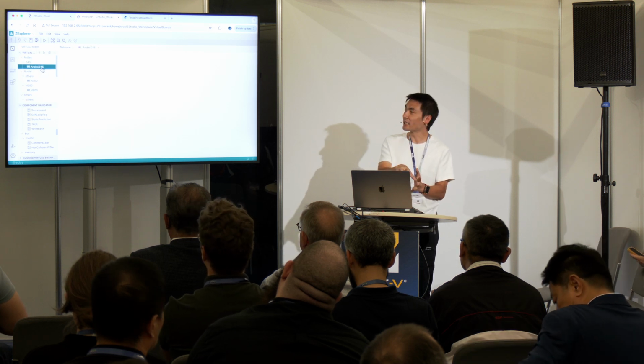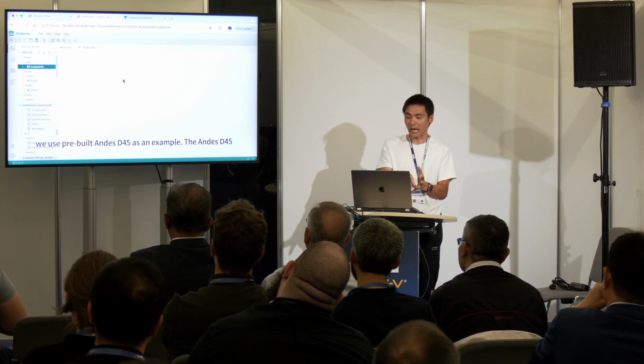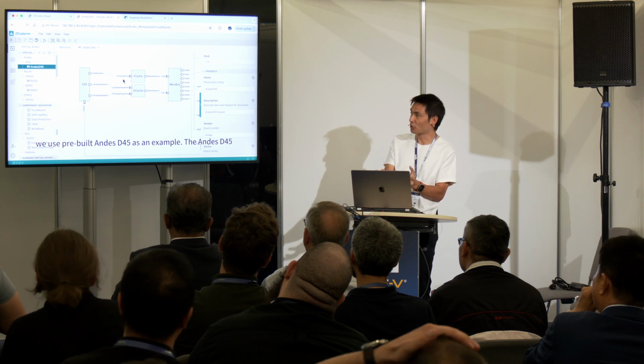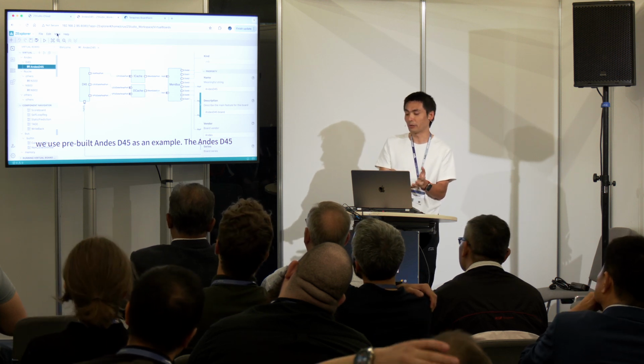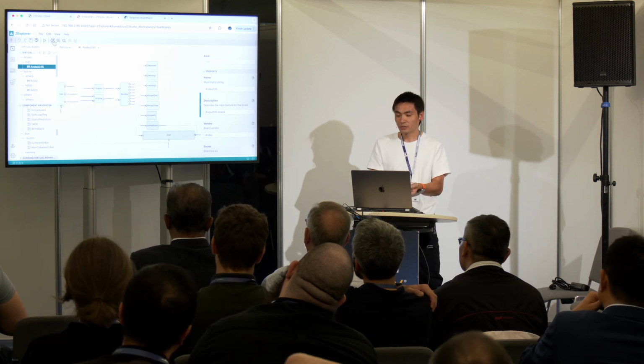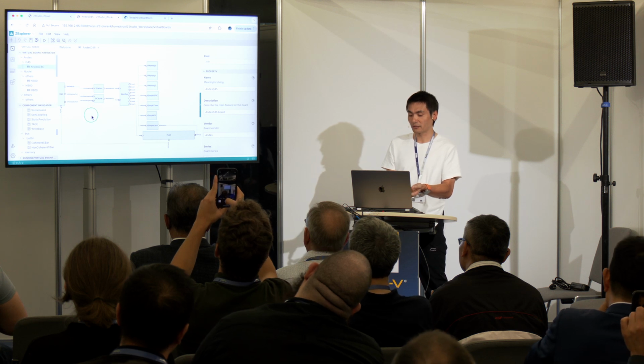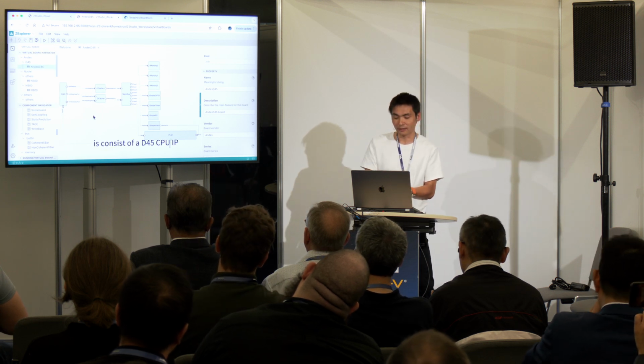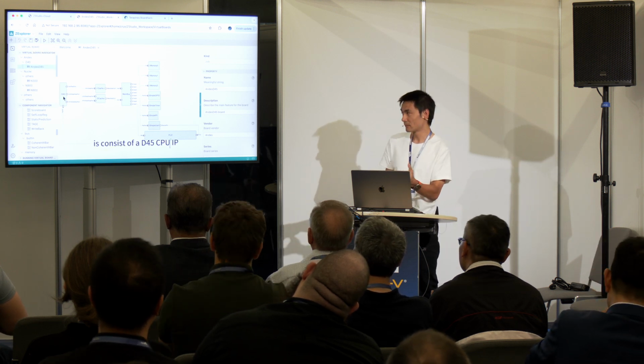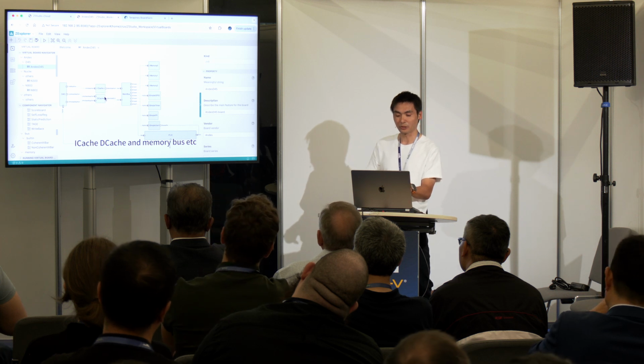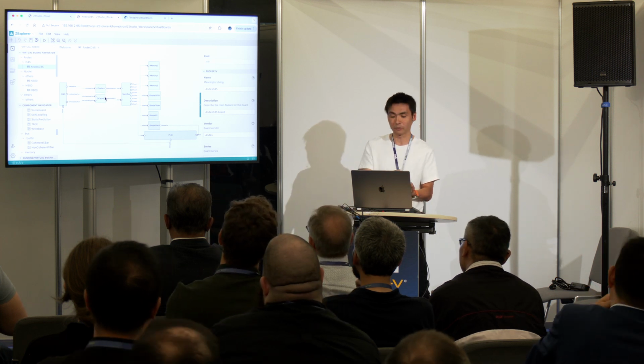We use Andes D45 as an example to show our virtual board builder. This is a virtual SoC for Andes D45. It consists of the Andes D45 CPU, iCache, dCache, and the memory bus.